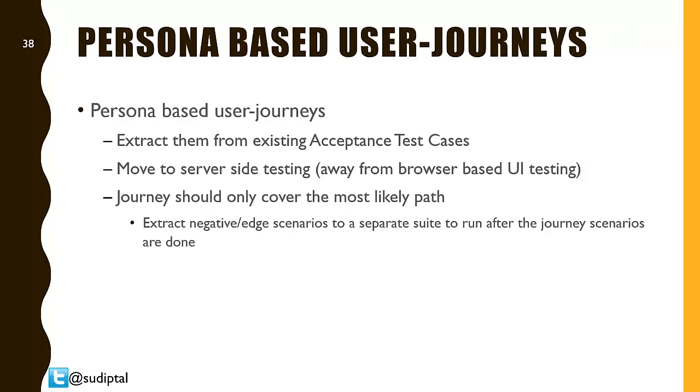So what we are recommending today is that one should move into journey maps, which are nothing but an extract from the acceptance test cases. You're not building this from scratch, but you're moving from browser-level testing largely to server-side testing. And if you have written the application largely using services, then you can write the complete journey of the user, calling from one API to another entirely on the server side.